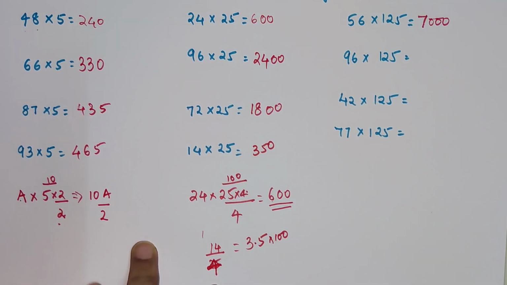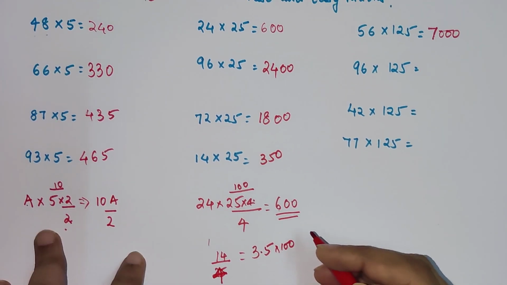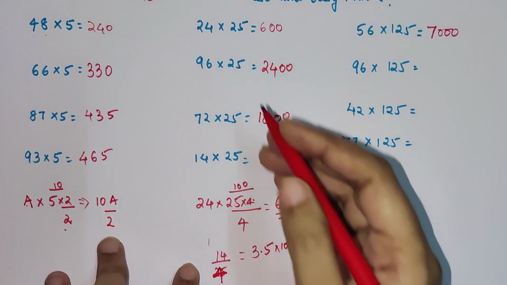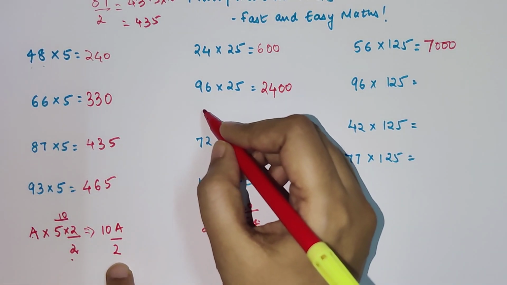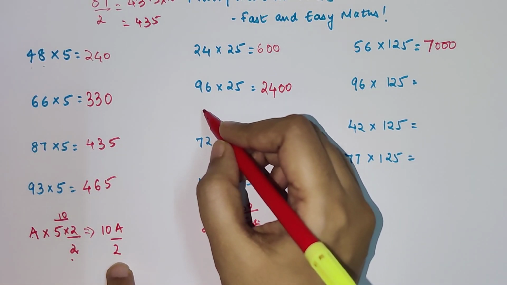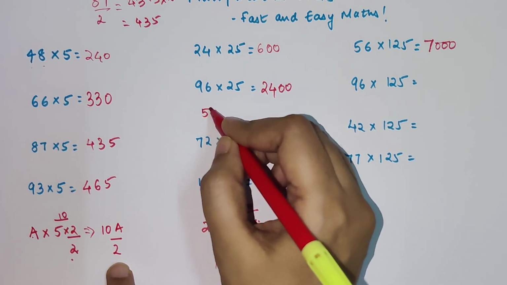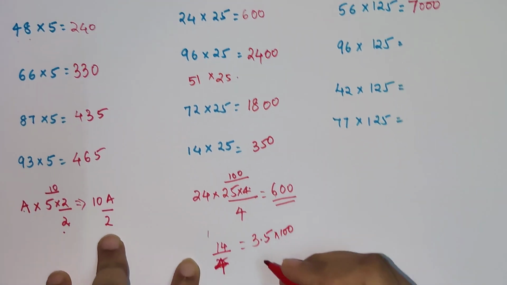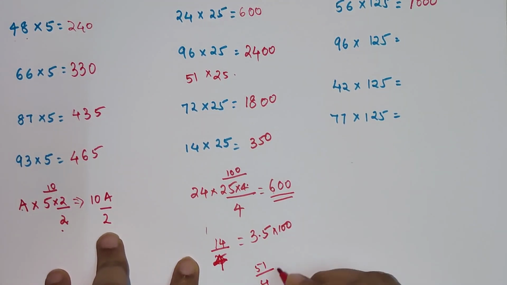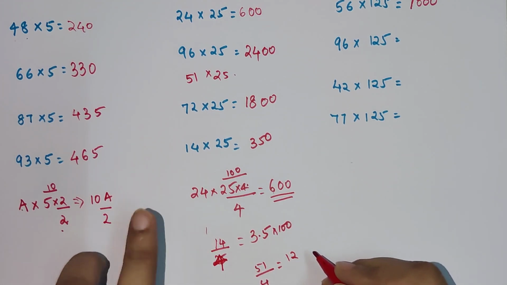You saw how easy this thing became. Now let me take another example, because only one odd example has been taken in this one. So let me take a bigger one. We will have 51 multiplied by 25. Now let's first divide 51 by 4. We'll get 12, and you are left with 3.